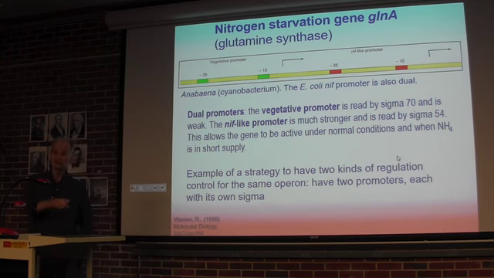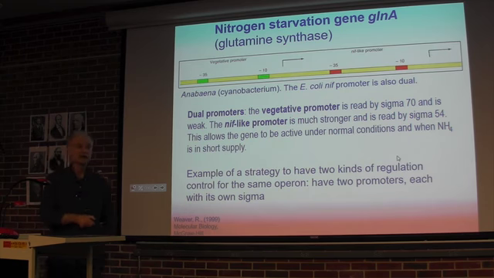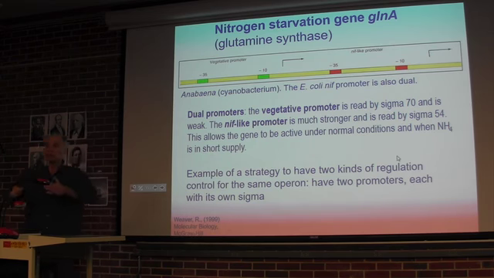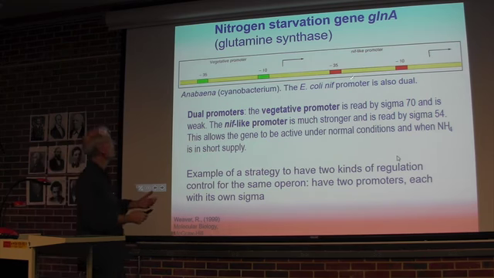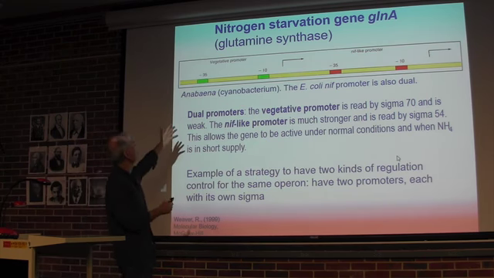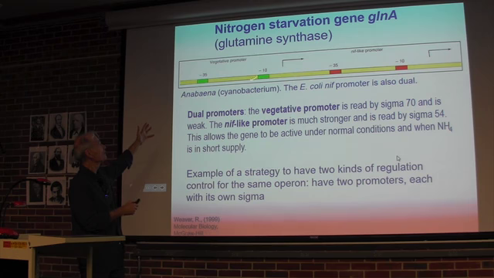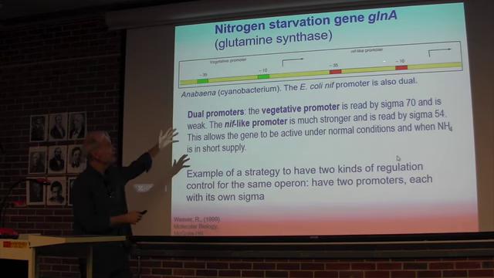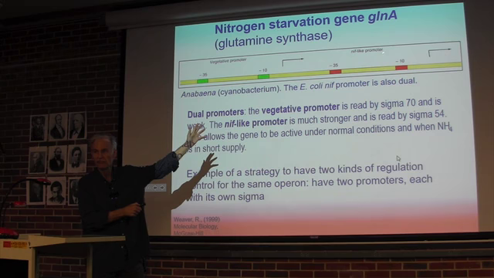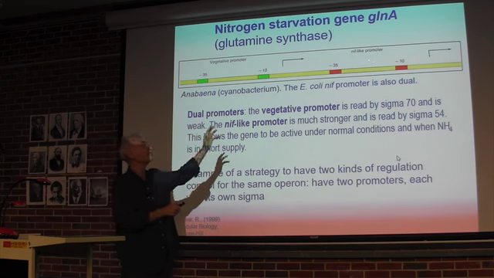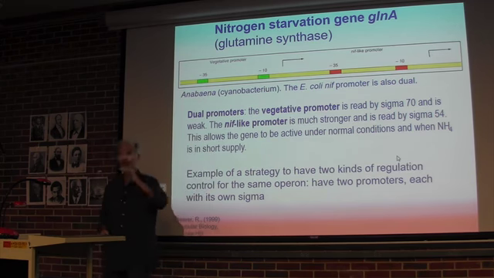That is a trick that bacteria use in order to get multiple ways to regulate. You just stack your promoters one behind the other, each controlled by its own sigma. You have one that's controlled by sigma 70, with its -10 and -35, and then you have one that is red hot, that kicks on to a very high level, but only under conditions of nitrogen starvation.